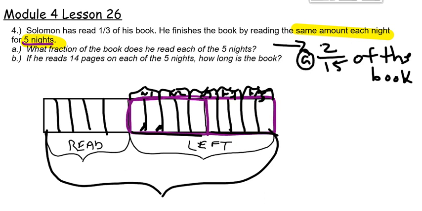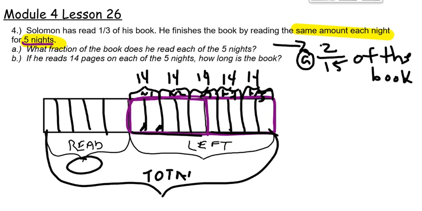Now part B says, well, if he reads 14 pages on each night, so 14 pages on each night, that means that I have 14 times 5 there. But what goes in each of the other units? Because I also have to figure out what he already read to get the total pages in the book.